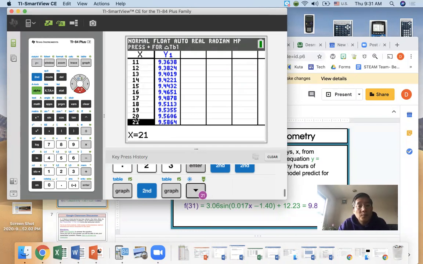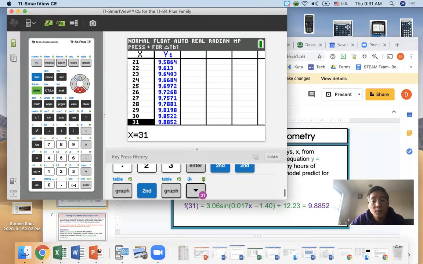So if you put it in the graph mode like this, you can find the y values for many other x values. So we know x is 31 here, right? What is y? Y is 9.8852, right? 9.8852. So if the x value changes, you can find the other y values quickly.